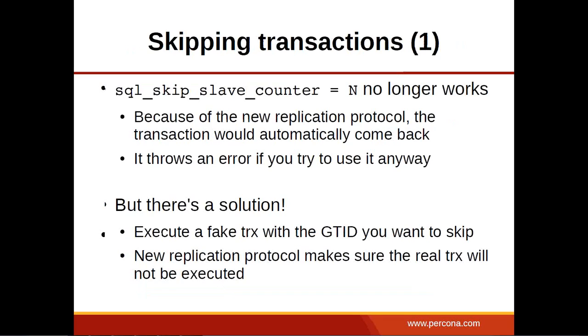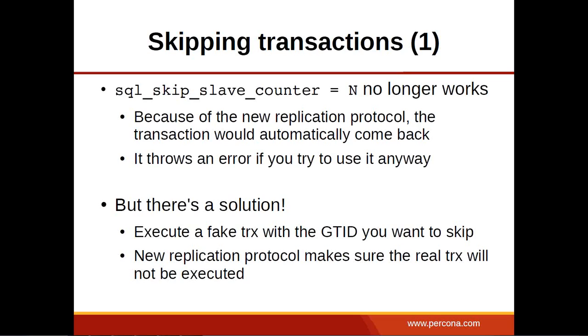Next thing you'll probably have to do more than once is to skip transactions. With position-based replication, we have the famous SQL_SLAVE_SKIP_COUNTER equals 1 or equals n. The main thing to know is that it no longer works with GTID replication. The main reason is that the new replication protocol doesn't allow that.